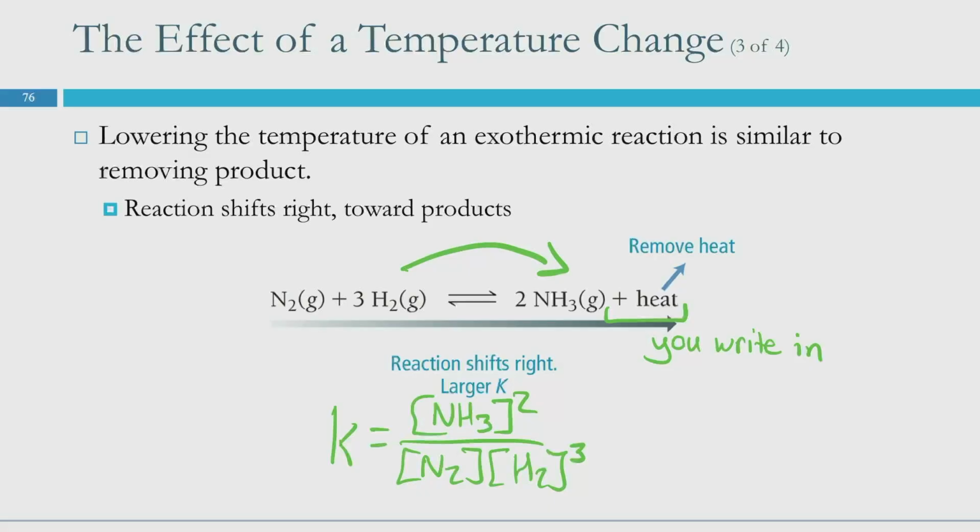In the previous example, we were shifting to the left, so we were increasing the reactants, and so we would see our K decrease as a result.